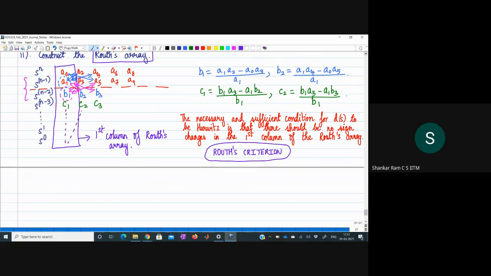So now what is the corollary? What is an immediate follow-up statement from this condition?